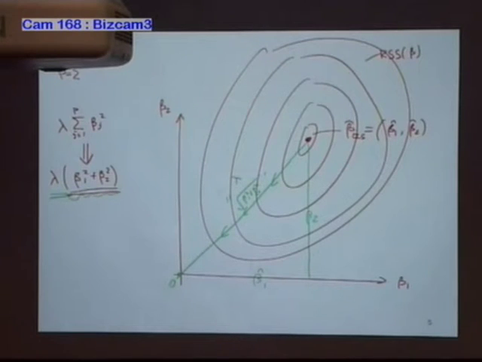The resultant solution can be something like this. This is when lambda goes to 0. This is when lambda goes to infinity. When your lambda is infinitely powerful, you just drive the ball back to the origin. And there's an optimal lambda somewhere in the middle.